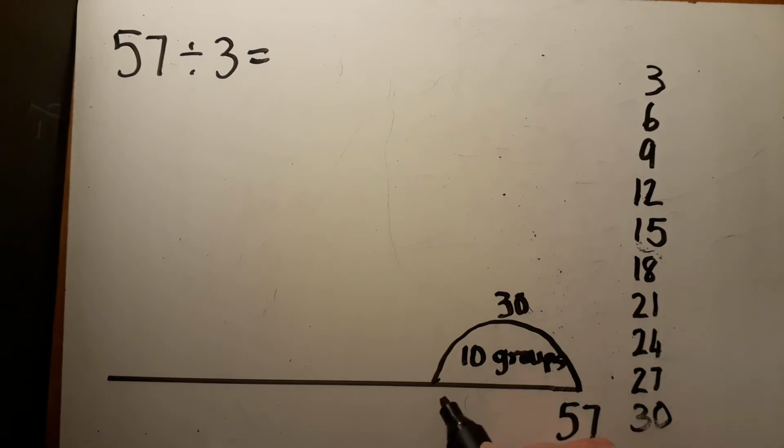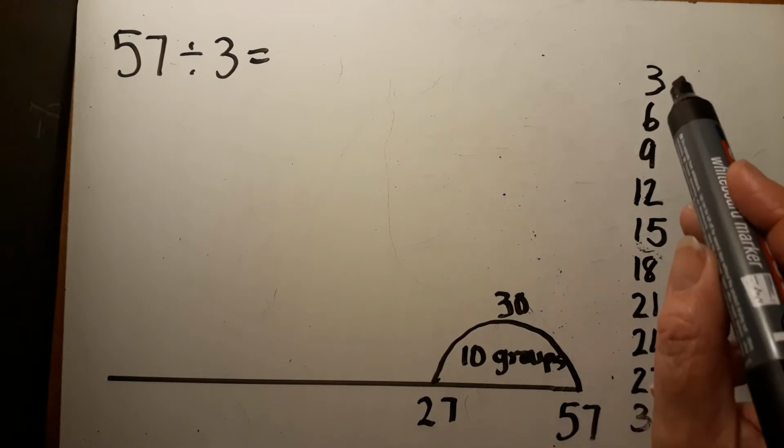The 7, the 1's digit, is not going to change, and if I subtract 3 tens from 5 tens, that's going to leave me with 27.